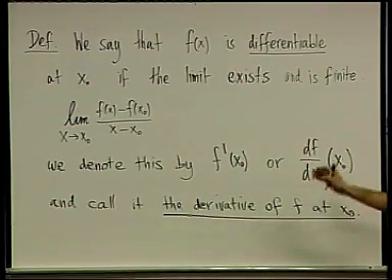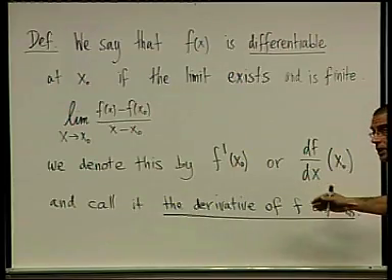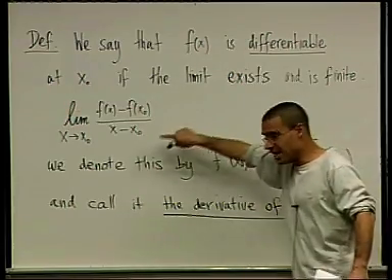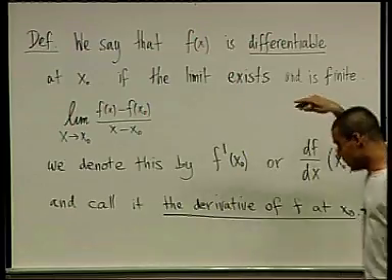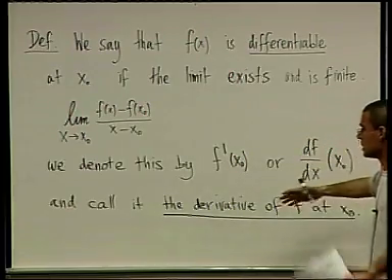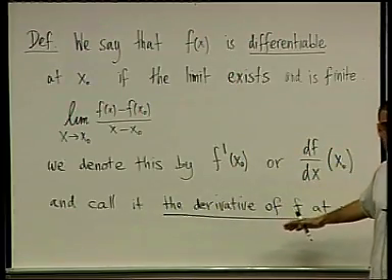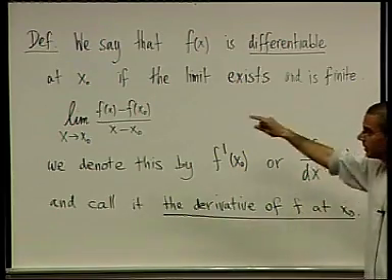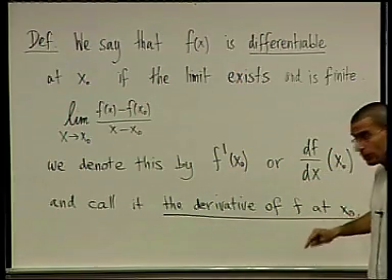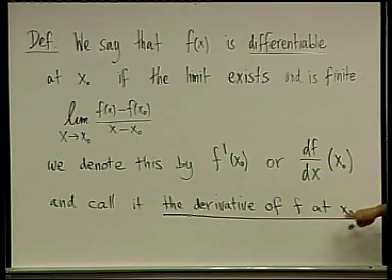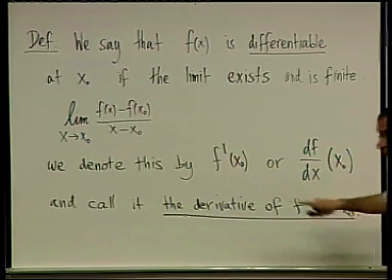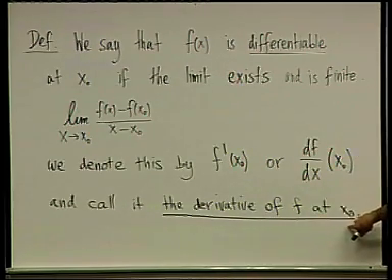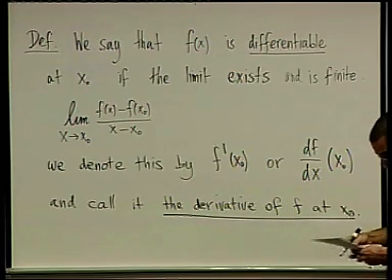Note that once again, just like continuity was defined by the notion of the limit, this is another very important notion in mathematics defined by limits. And note that once again, it's a pointwise definition. It's the derivative at the point x0. Okay?